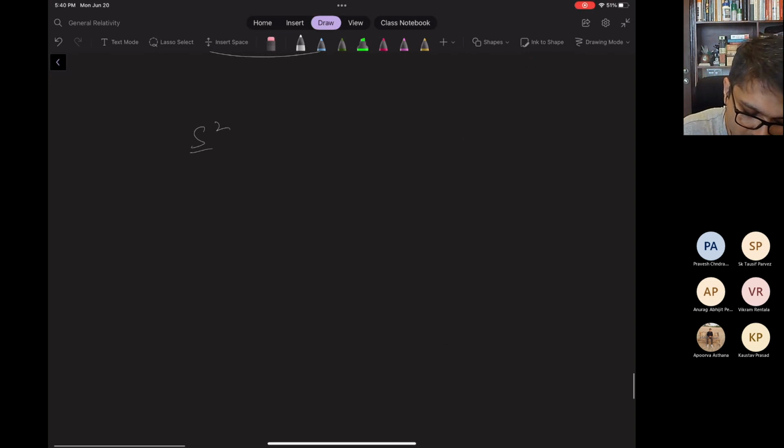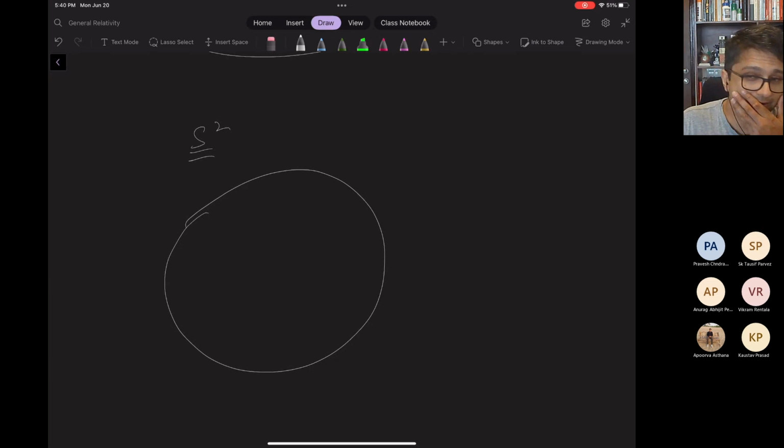So let's look at an example of that. Let's look at S2, a two sphere, and let's look at diffeomorphisms on the two sphere. Diffeomorphisms of course can be anything, but the isometries are the ones which preserve the metric. The isometries of the two sphere can be understood from its embedding in 3 dimensions.